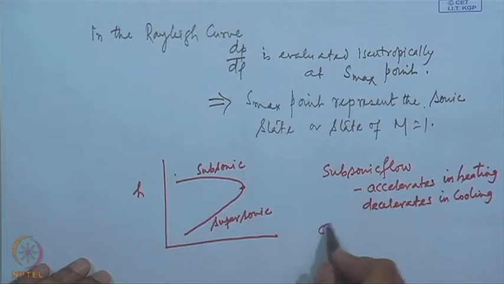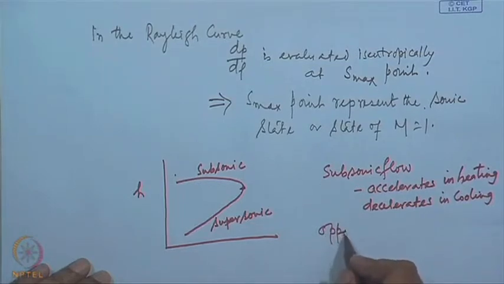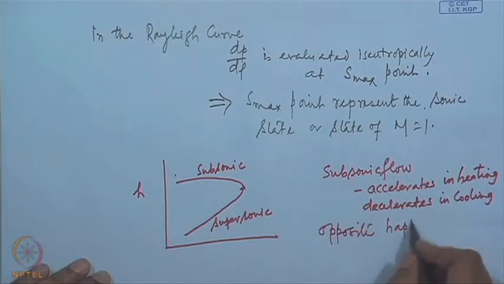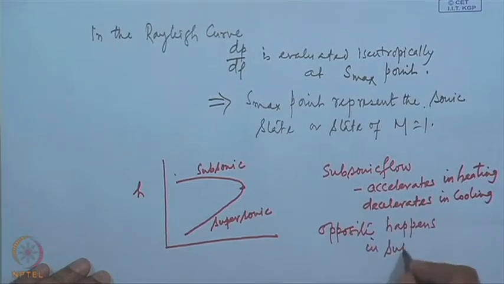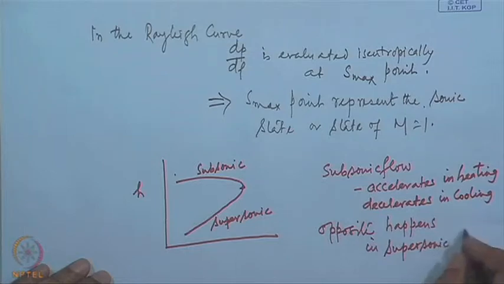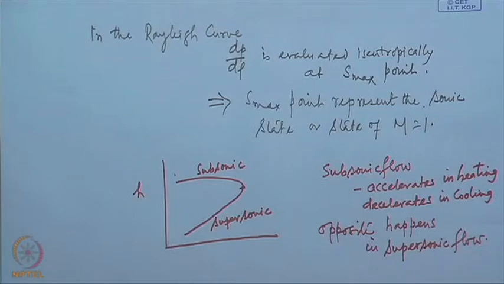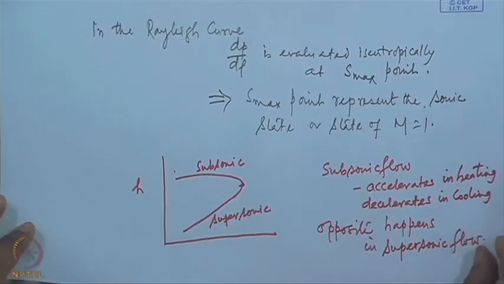And the opposite happens when the flow is supersonic. That is, a supersonic flow will decelerate if it is heated and it will accelerate if it is cooled. So, heating causes the Mach number to tend towards unity and cooling causes the Mach number to move away from unity.